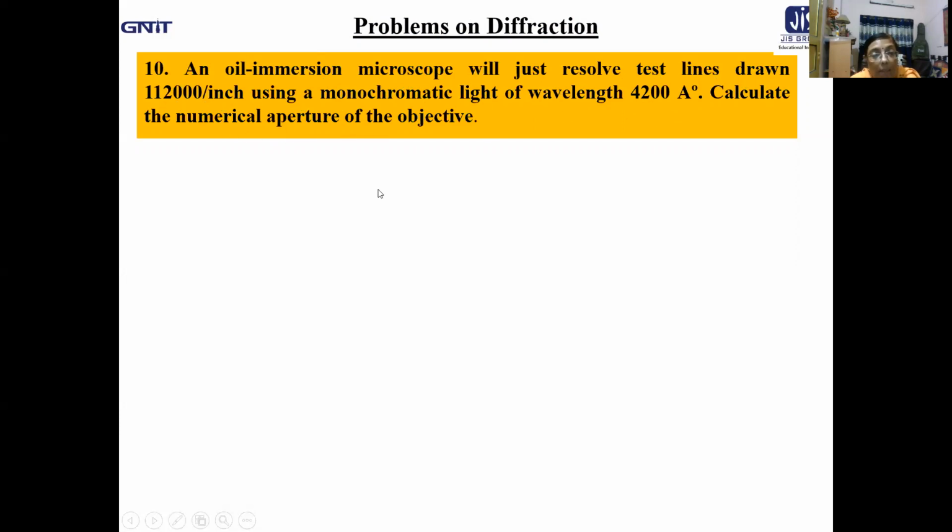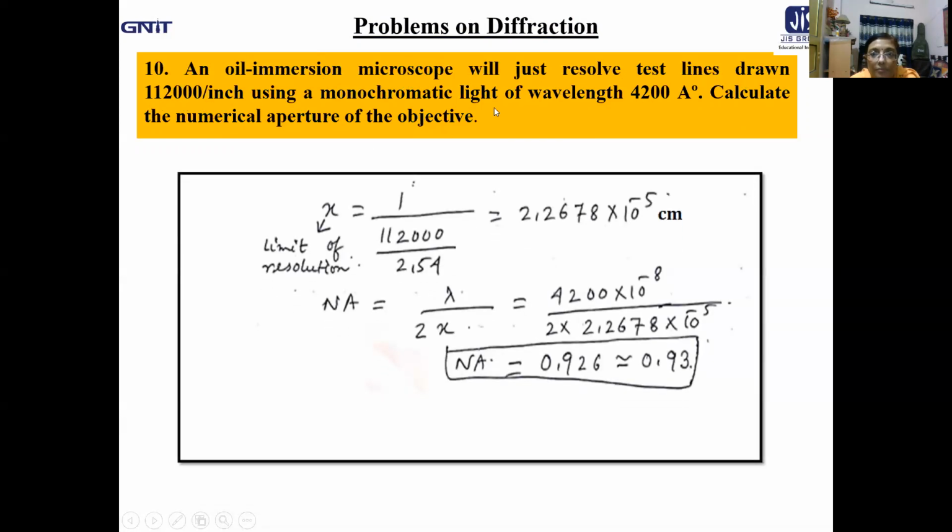Calculate the numerical aperture of the objective. So, what about this? Is it known to us? Just take a look. There are 1,12,000 lines per inch. So how many lines are there per centimeter? 1,12,000 by 2.54. So many lines are there per centimeter.